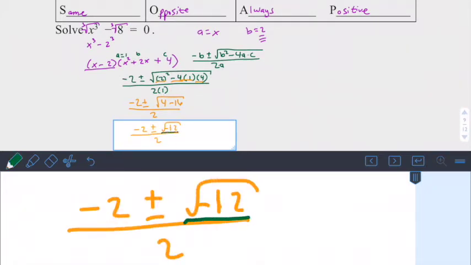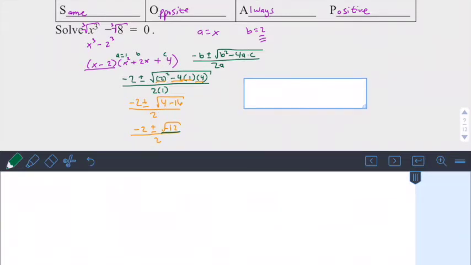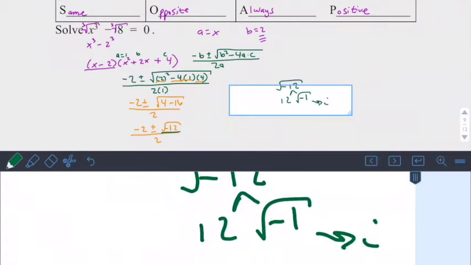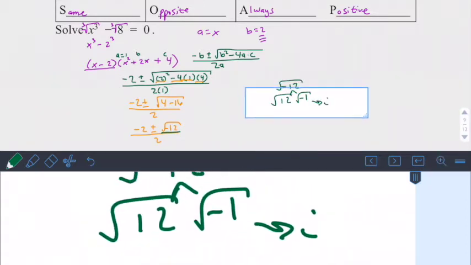And then I want to simplify my square root of negative 12, so I'm going to take it over here. And I'm going to get 12 times negative 1. Remember, I like to do that because the square root of negative 1 gives me i. And now I just need to simplify the square root of 12.